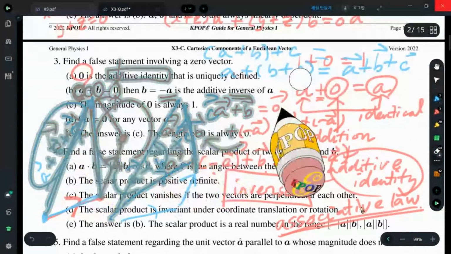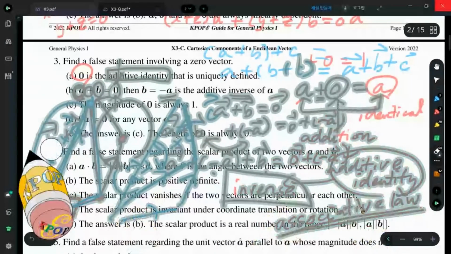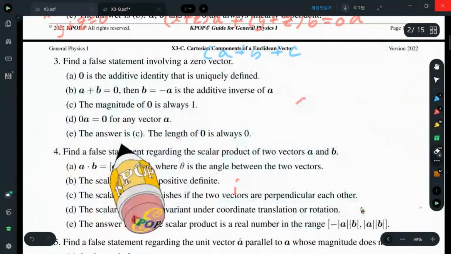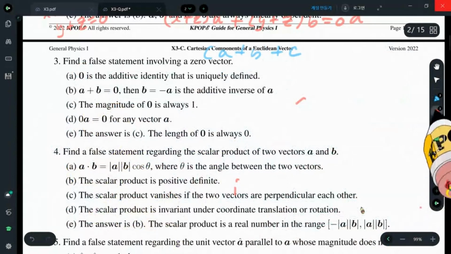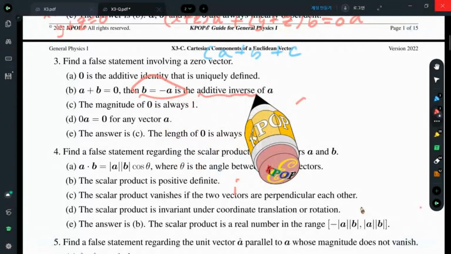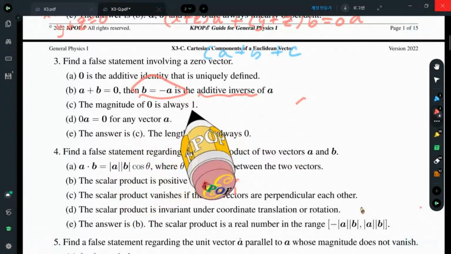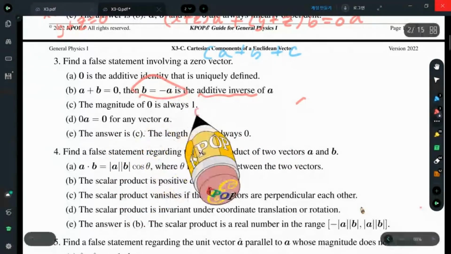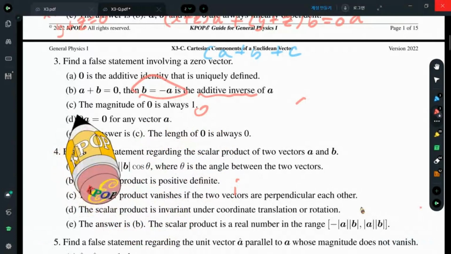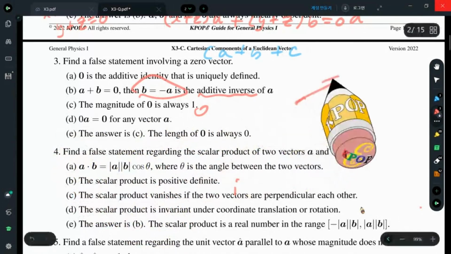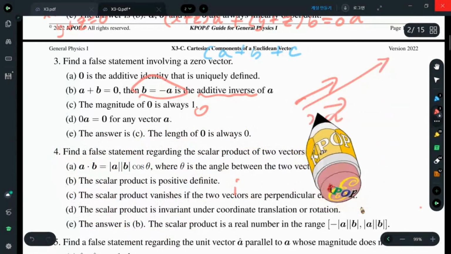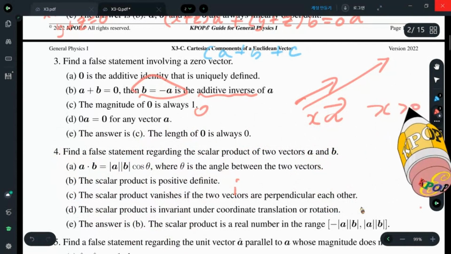Using that one, finally, I obtain that minus B is the additive inverse of A. The magnitude of 0 is always a 0. I can always multiply by some scalar. If I have a vector, I can change the length by multiplying by x, that is positive.